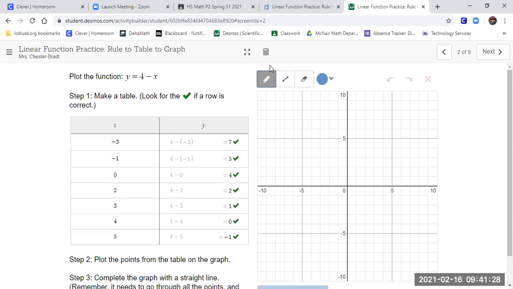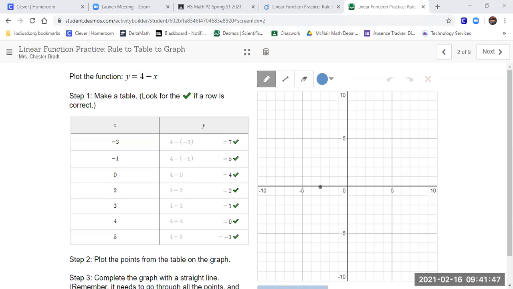Okay, we're going to go plot the point again. Okay, this says when x is -3, y is +7.